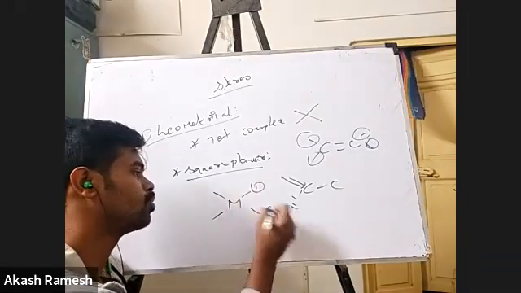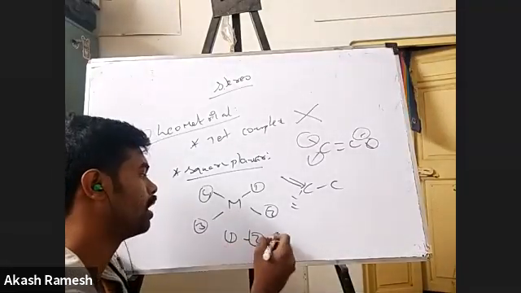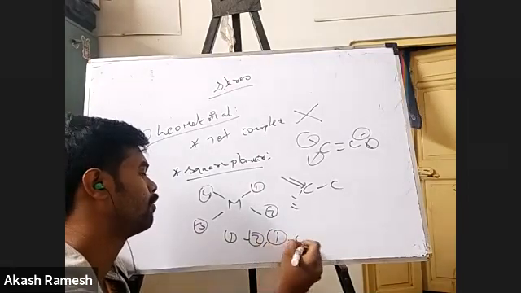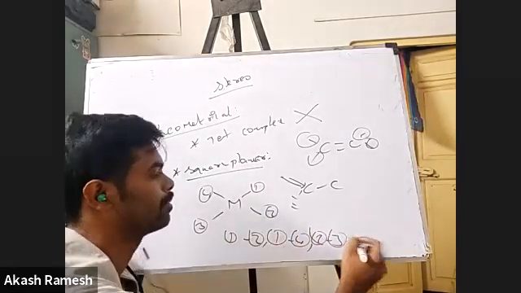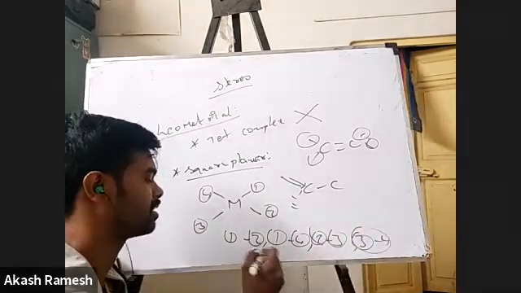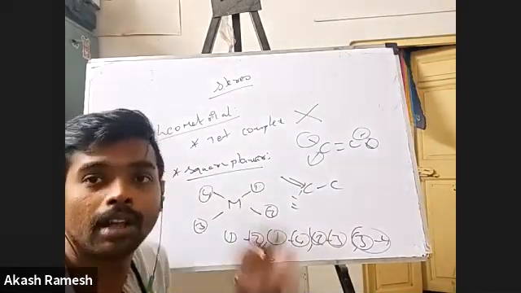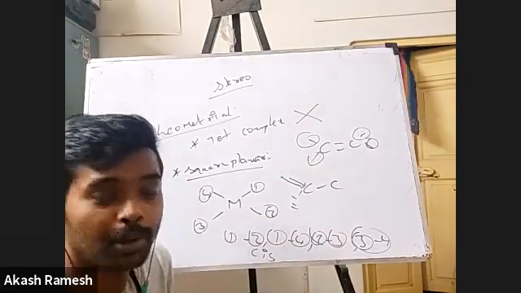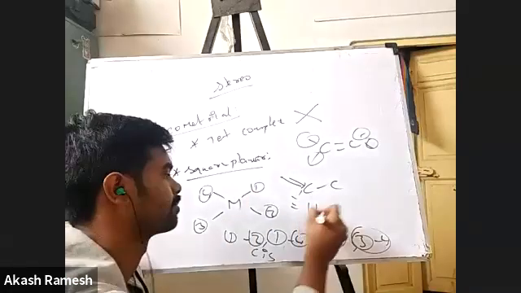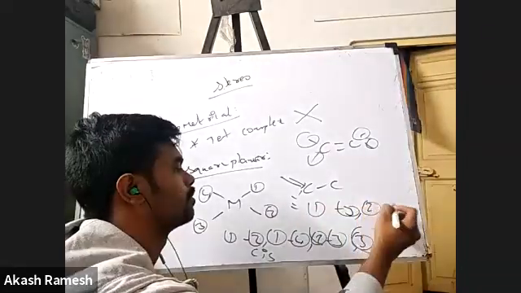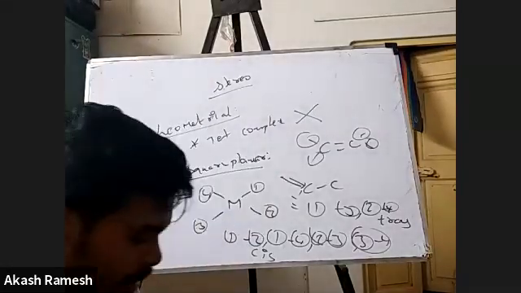Please understand positions 1, 2, 3, 4. 1 and 2, 1 and 4, 2 and 3, 3 and 4, all these adjacent positions are cis positions. Now, trans you can understand: 1 and 3, and 2 and 4 are the trans positions. Okay, that is the first thing you have to know.